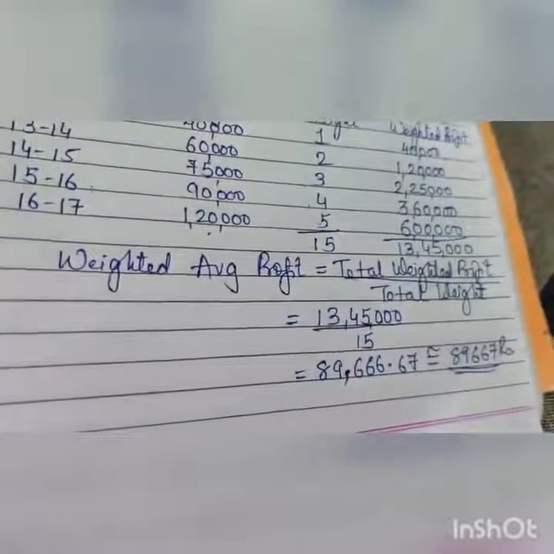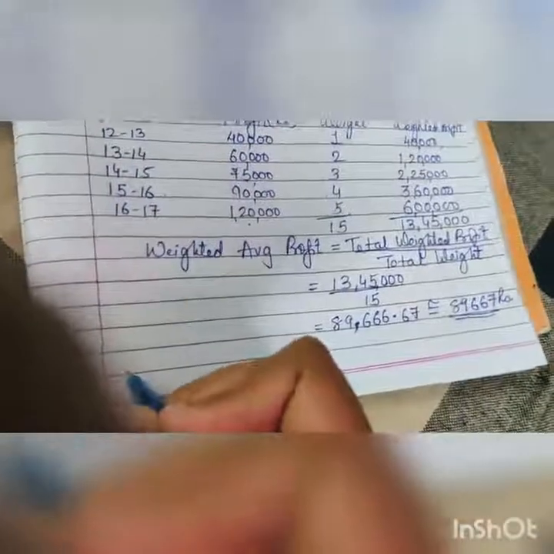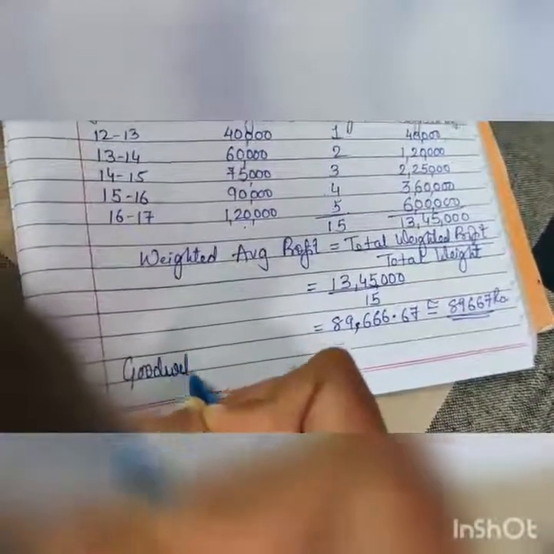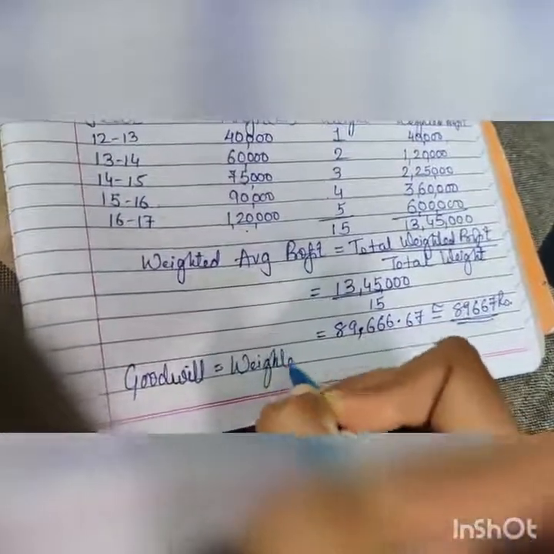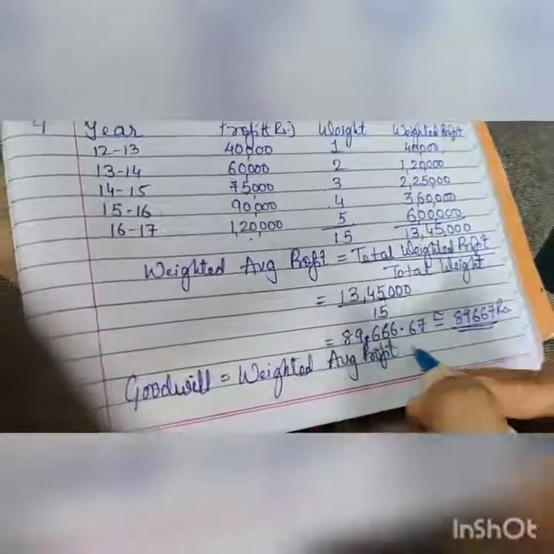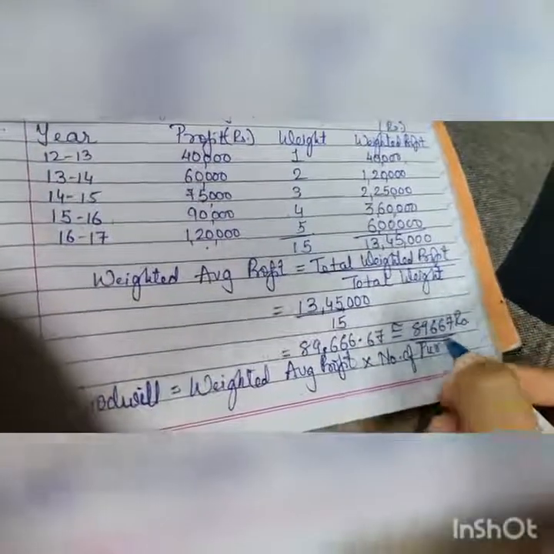Now further you are supposed to find out the amount of goodwill. So we will write down goodwill is equal to weighted average profit multiplied by number of purchasing years.